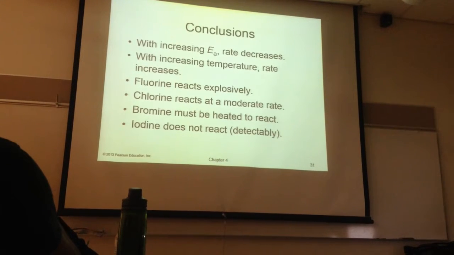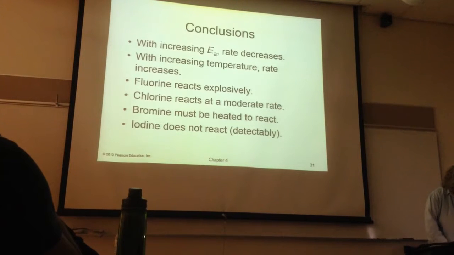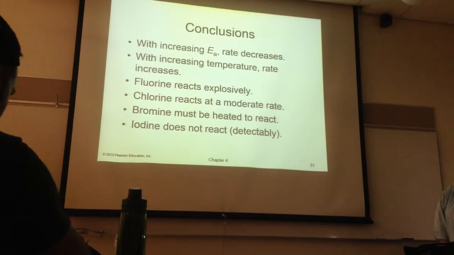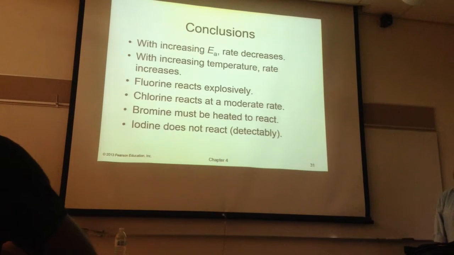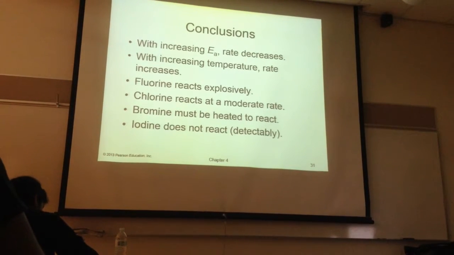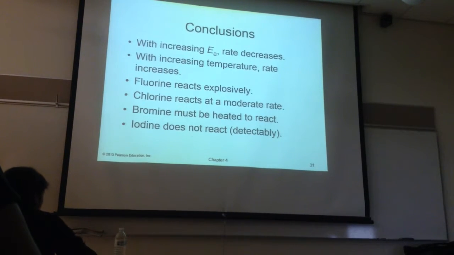People are going, why do we need to know this? The only reason you need to know this is because at the beginning of the class, when we were looking at the reactions of alkanes, this is what we wrote.